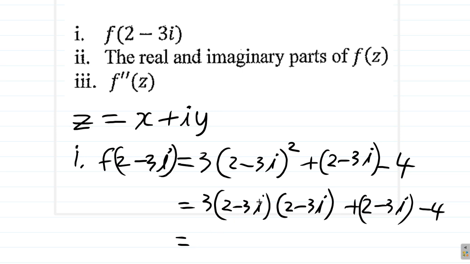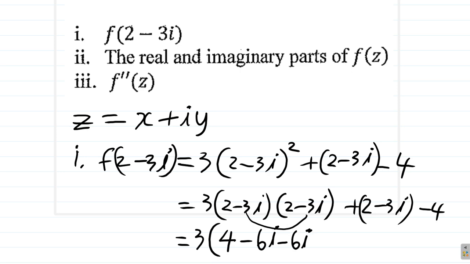Now it is 3 times, we're going to multiply out the brackets now. 2 times 2 is 4. 2 times negative 3i is minus 6i. Negative 3i times 2 is minus 6i.